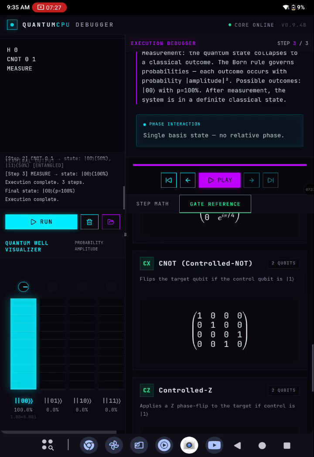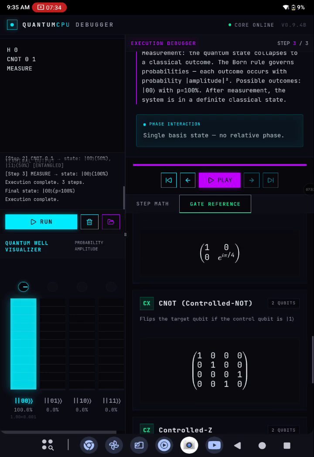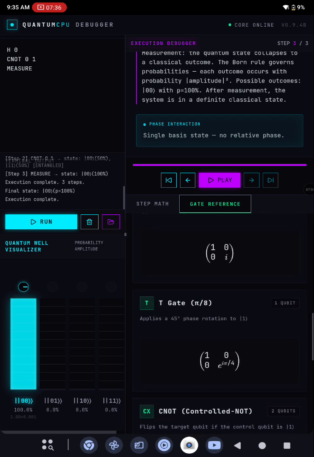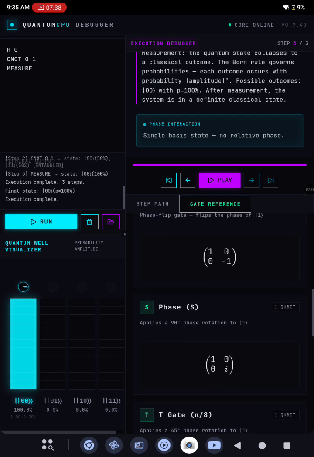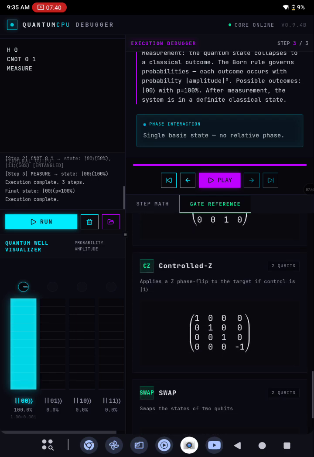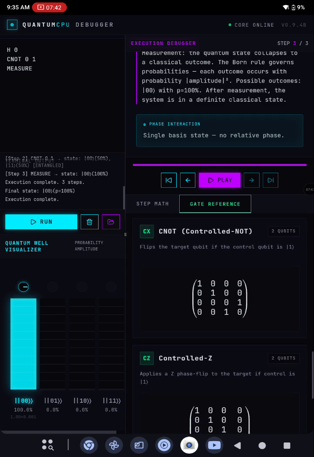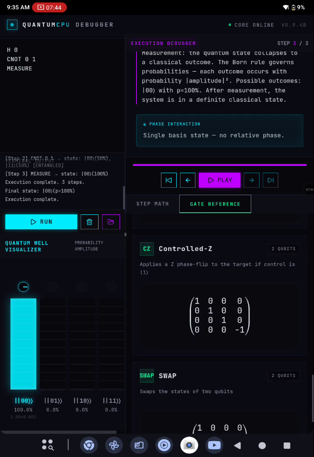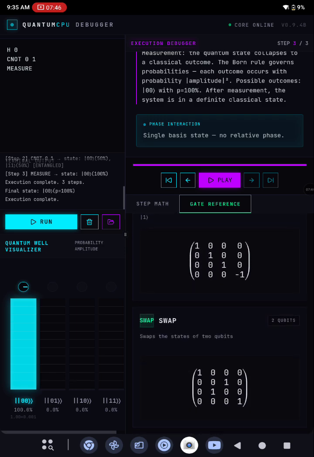So it's like bits, but you can put them in superposition. The well is entangled. The gates can be rotated. They can be pushed in phase, flipped. There can be a controlled NOT, controlled Z. You add this extra dimension to the bits.